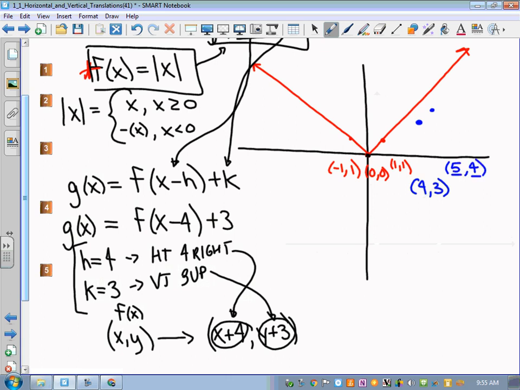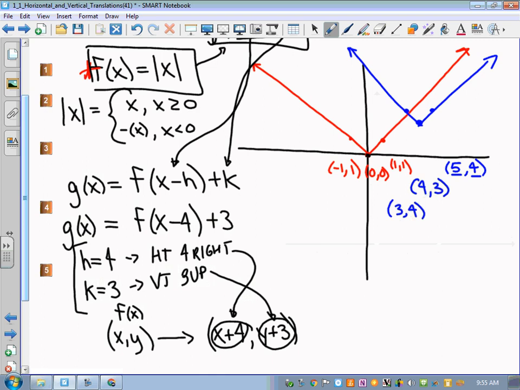And then -1, 1 is going to turn into, I'll put it down here, 3, 4. Now, again, translations, which is what we're working with right now, do not change the shape of the graph. So knowing the pivotal point or the direction changing point and the other two means I can connect those via a line. And that blue graph is y equals the absolute value of x minus 4 plus 3.